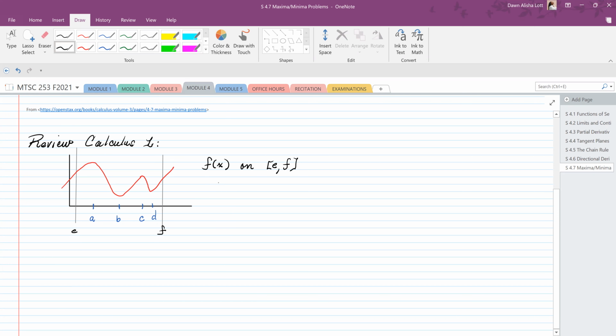And we could say that f of x has local maximum at which points? At x equal to what?